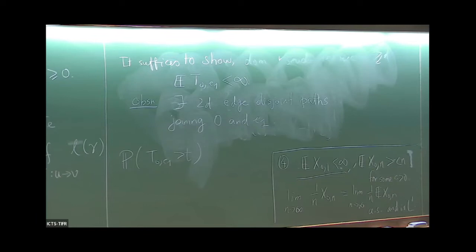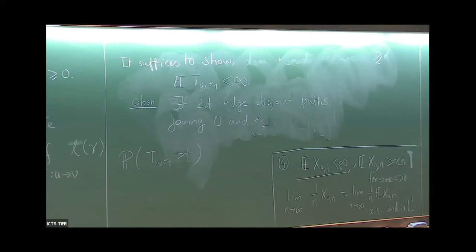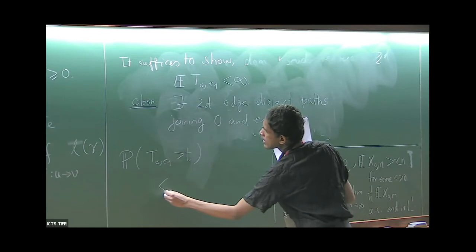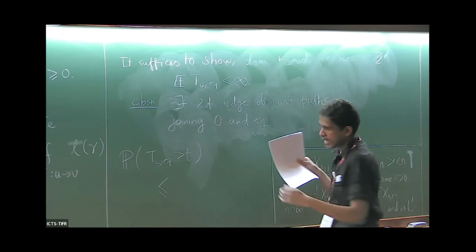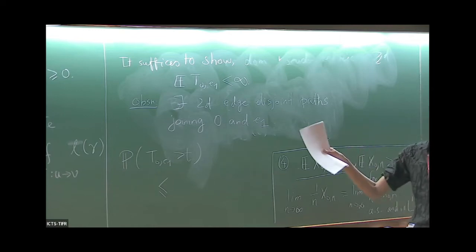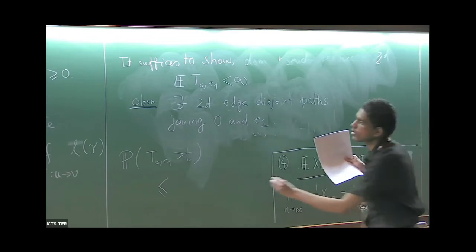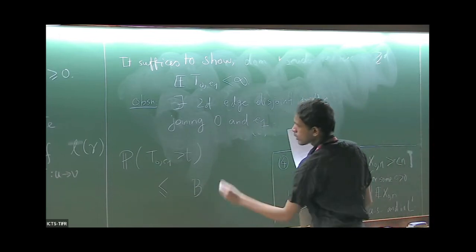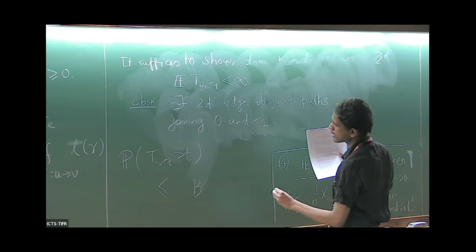And these edge-disjoint paths are deterministic and have finite length, let's say at most b. So this implies that at least one edge on each of these edge-disjoint paths has a weight bigger than t over b. And then there are b many such paths, b many such edges.